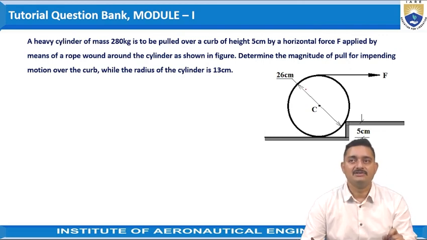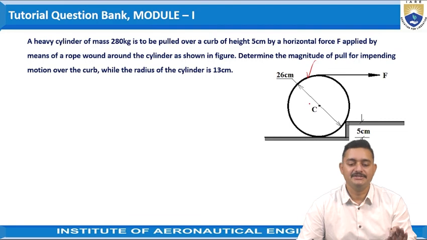So the mass of the cylinder that is kept here is given, which is 280 kgs. Then this cylinder is wound using a rope, and at the end of this rope there is a force F acting, and there is a curb.